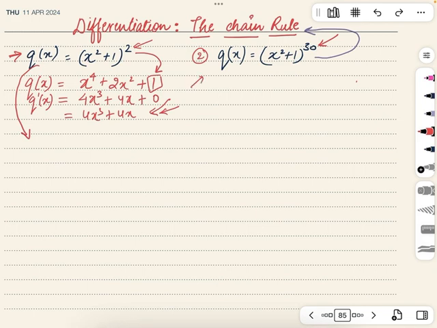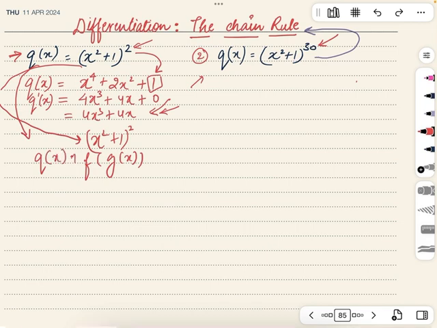So if I have to differentiate this, we know that this function, x square plus 1 to the whole power of 2, is a composite function. It's a function inside a function, right?